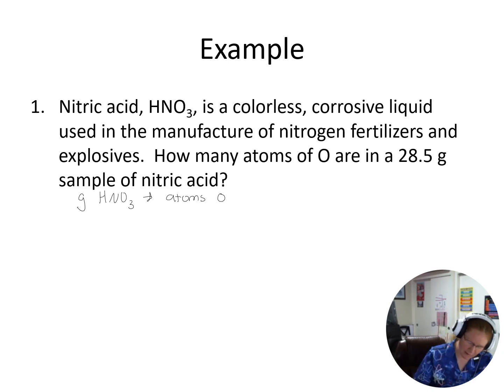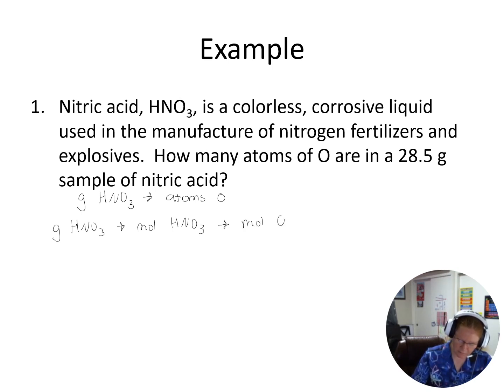So we can go from grams of nitric acid to moles of nitric acid. Okay, we can use the molar ratio inside of our formula and go from moles of nitric acid to moles of oxygen, and then we can go from moles of oxygen to atoms of oxygen.